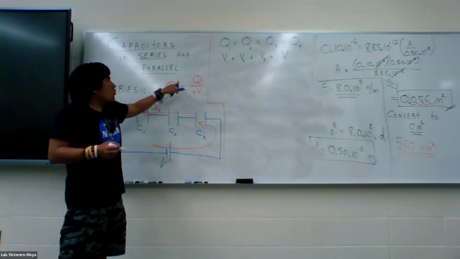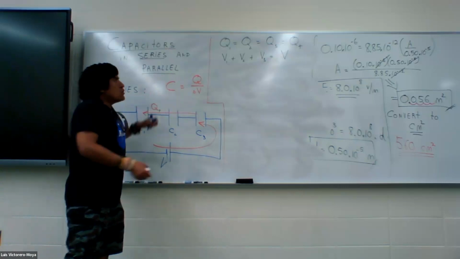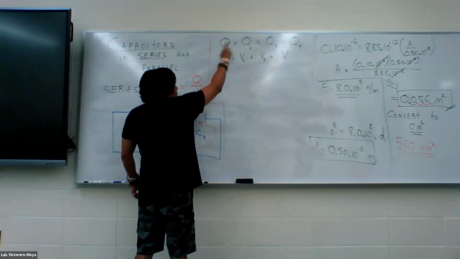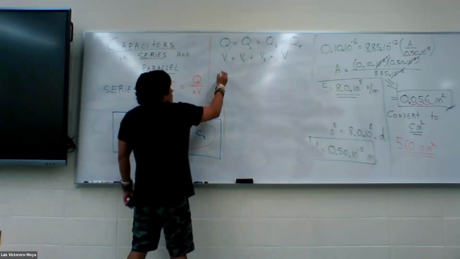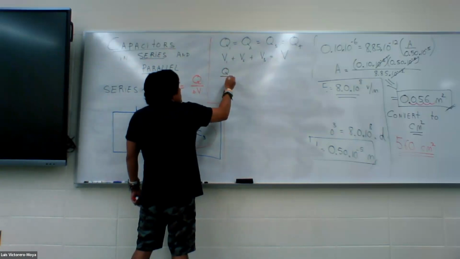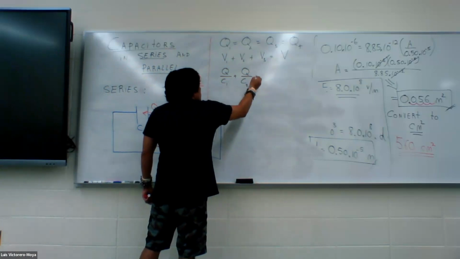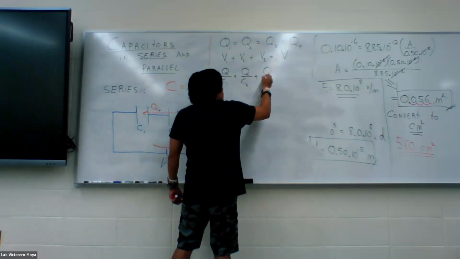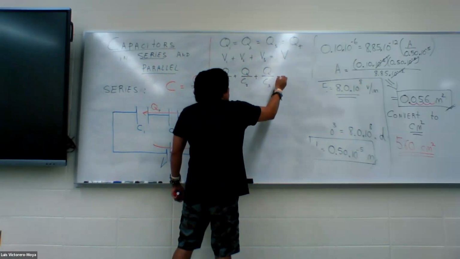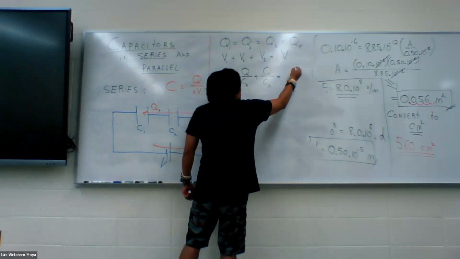Voltage is Q divided by C. So for each capacitor, since they all have the same charge, V1 is Q over C1, V2 is Q over C2, V3 is Q over C3. And what's V?